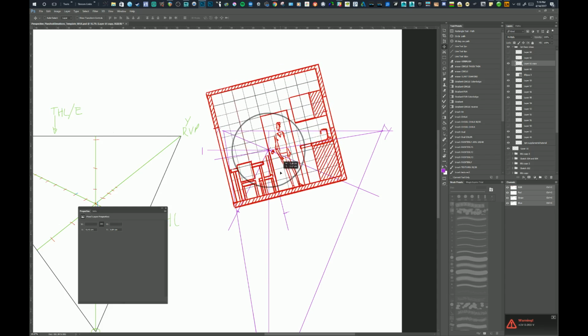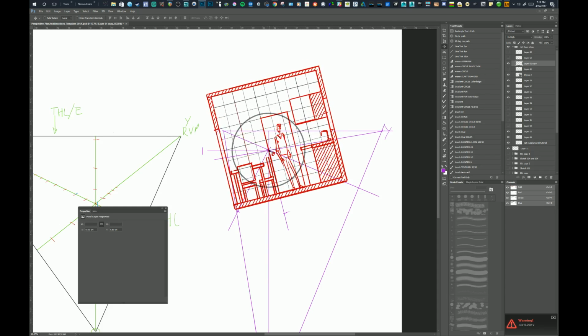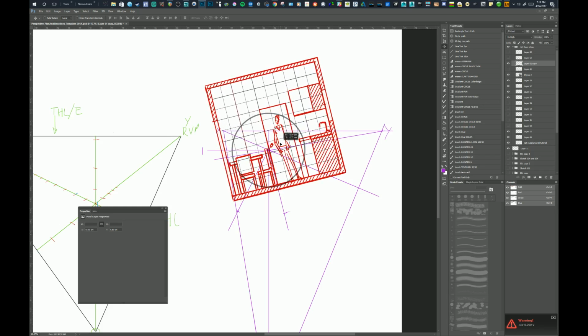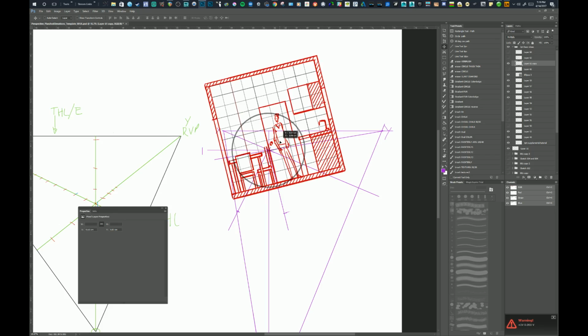So the center of vision should be in the same spot. So here's the center of vision. I decided it was 3 units down, right? So that means from the eye level here, the horizon line down here is 3 units. And if we're looking down, that's fine. And I decided it was going to be right here.